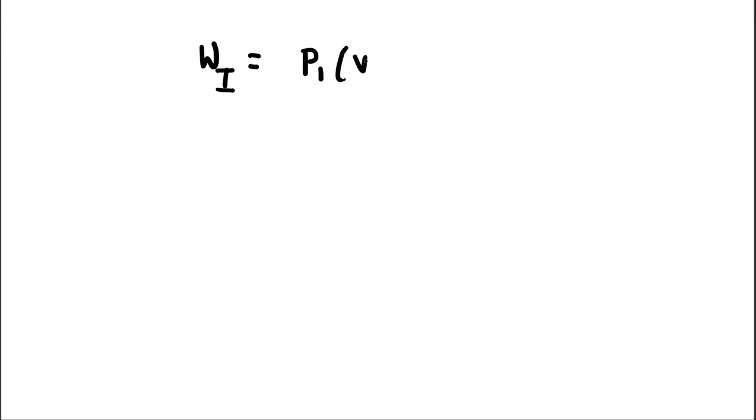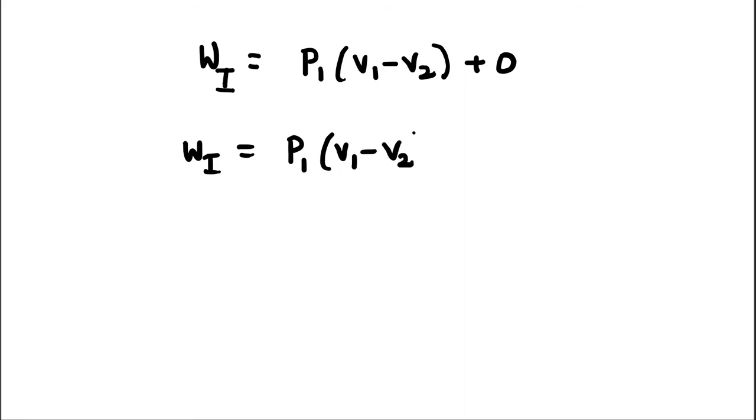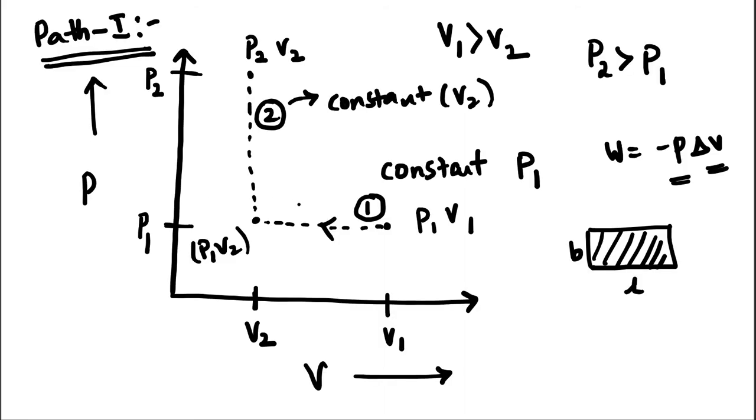P1 times (V1 minus V2) plus work done in the second process, that is 0. Therefore, work done in the path 1 is equal to P1 times (V1 minus V2). This is the work done in the path 1. So this one actually is equal to area under the curve here.